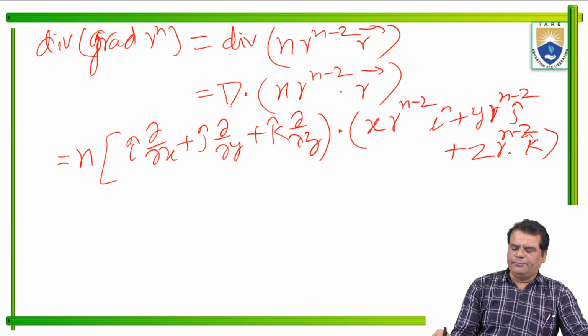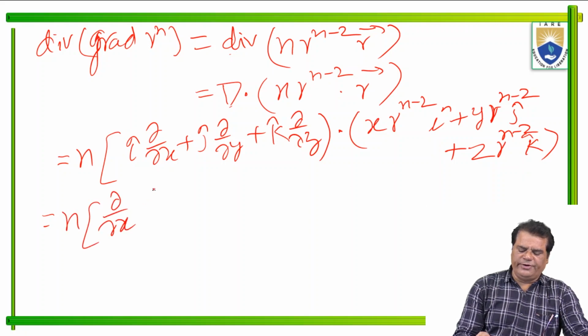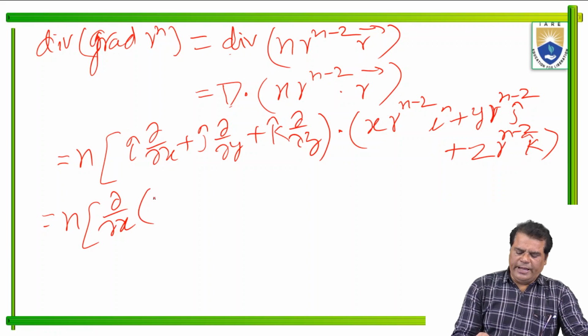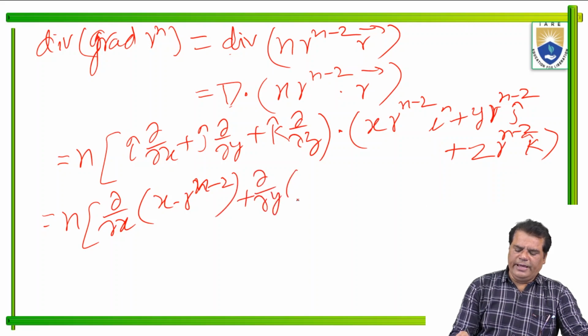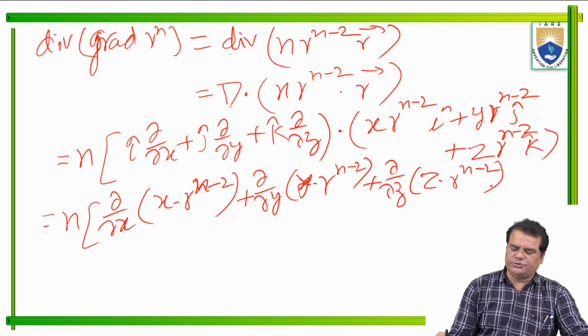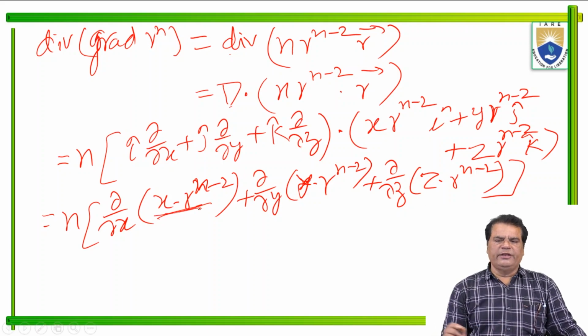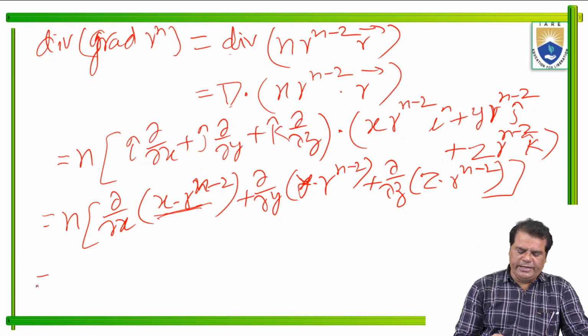So now taking the dot product, finally we get n times dou over dou x of x r to the power n minus 2, plus dou over dou y of y r to the power n minus 2, plus dou over dou z of z r to the power n minus 2. Differentiating this function by the product formula, we get the final result. So n is common; apply the product rule.